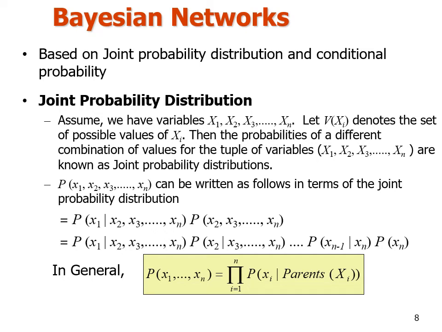Here, parents of xi denotes the set of immediate predecessors of node xi in the Bayesian network. Now let us once again get back to our example that we discussed earlier and for which we have drawn the Bayesian network.